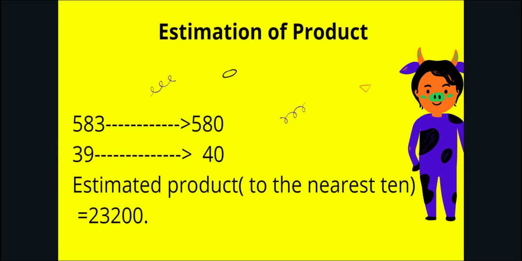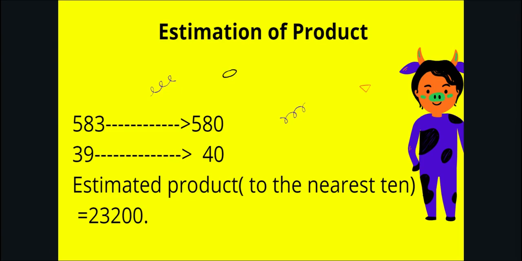Now we start estimation of product. By estimation, we do not get the exact product, but we get the approximate value which gives a clear concept to us. Rounding of the numbers helps to estimate the product.